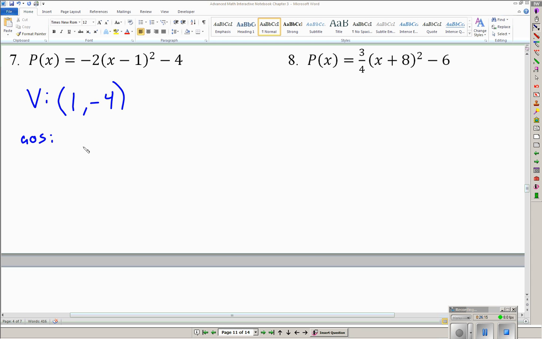Axis of symmetry, x equals h, so that's x equals 1. Direction of opening, a is negative, so it's down. When it opens down, it has a maximum of k, which is negative 4. And there is no minimum here.